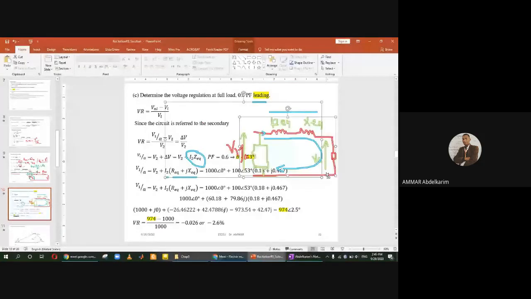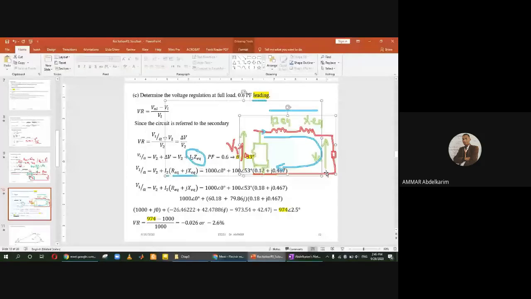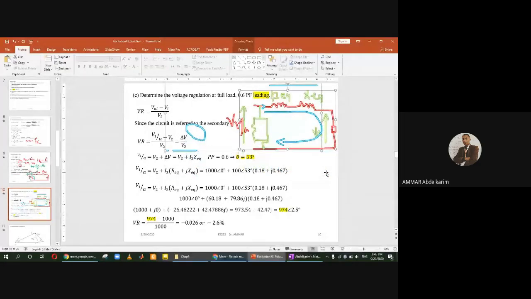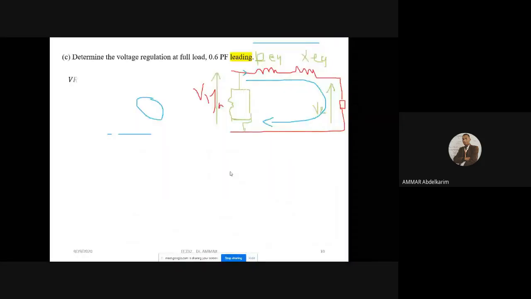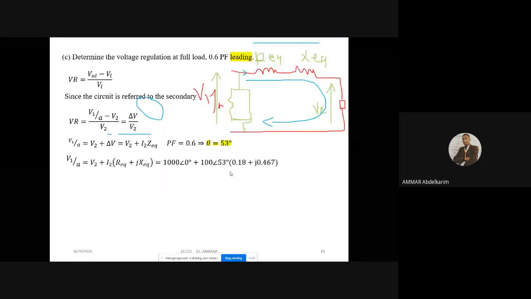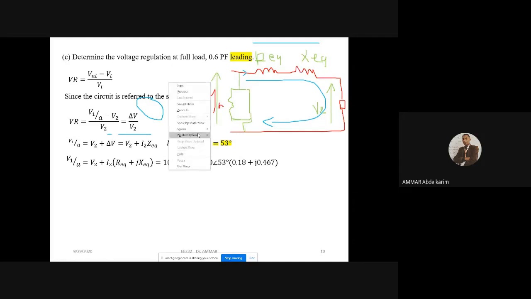Let's move this circuit here. The voltage V2 is 1000, the angle of the current is 53, and this is the Z equivalent.